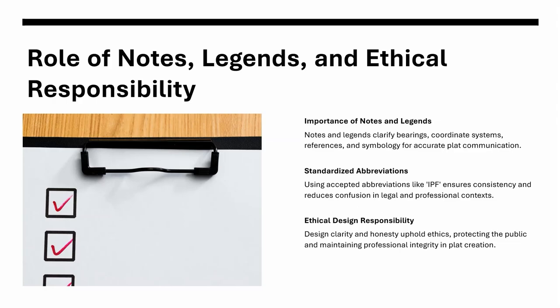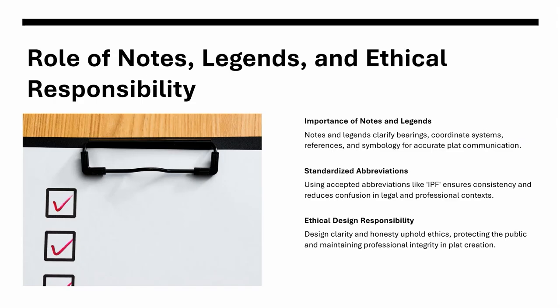Legends should clearly identify symbols for monuments, easements, and topographic features. Abbreviations should be standardized and explained. The TSPS Manual of Practice provides accepted abbreviations, like IPF for iron pin found, and deviating from these should be avoided whenever possible.